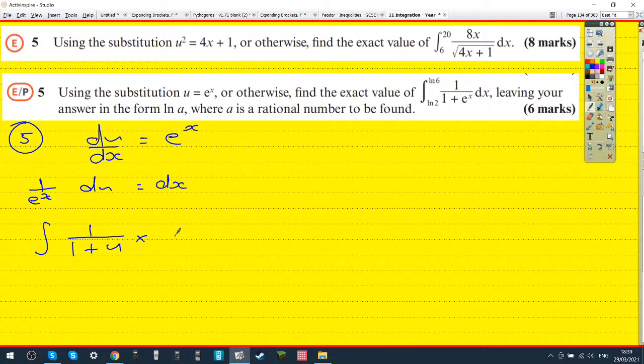I'll get u over 1 plus u. And so what is 1 over e to the x the same as? 1 over u. Yeah. And that will end up giving us 1 over u plus u squared. Yeah.